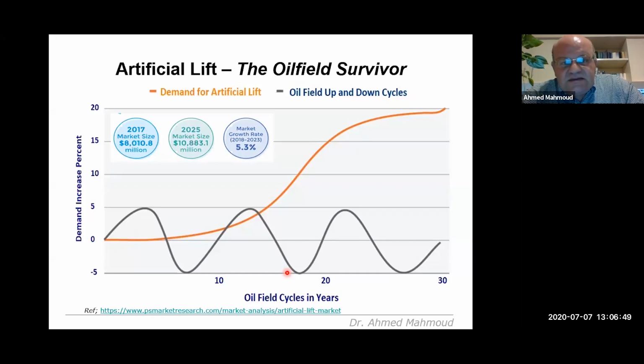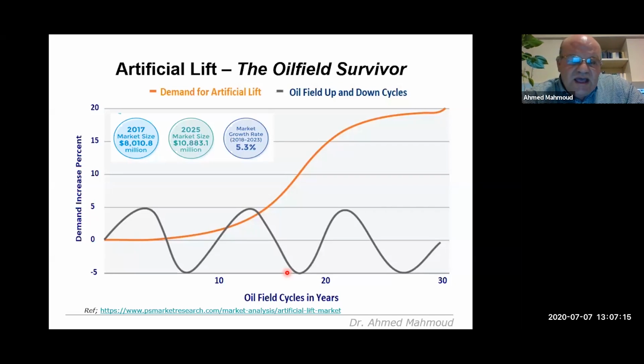It has survived over so many years, throughout so many cycles. And the reason it survives throughout so many cycles of the oil field ever since the beginning of the century, and furthermore, the reason that it will always be there, is very simple and clear. It is needed in all times.